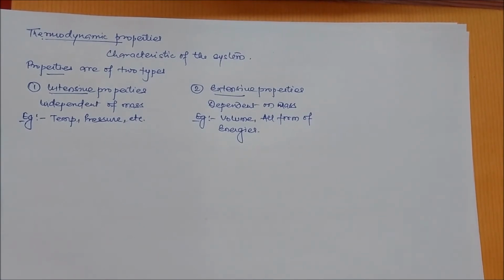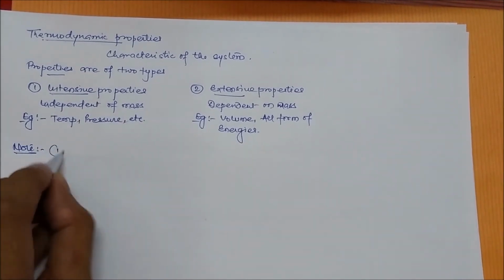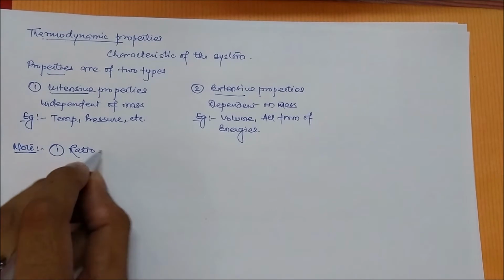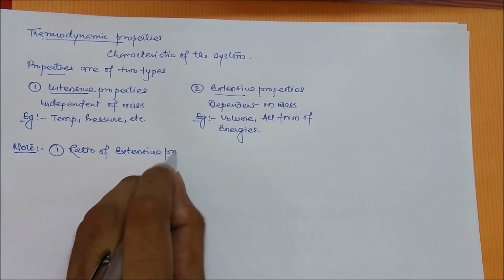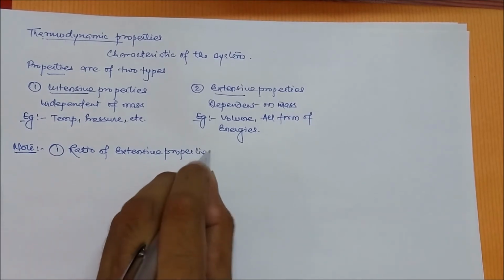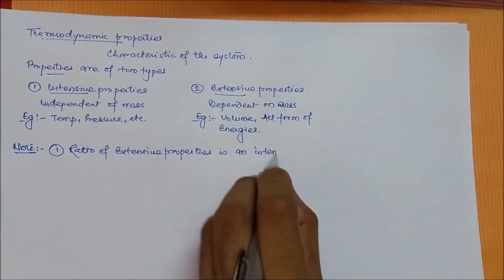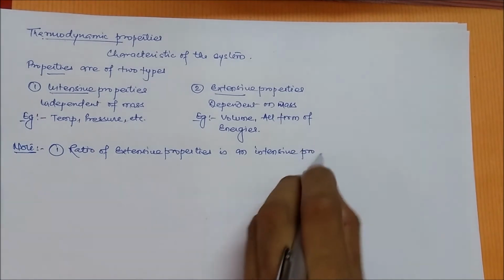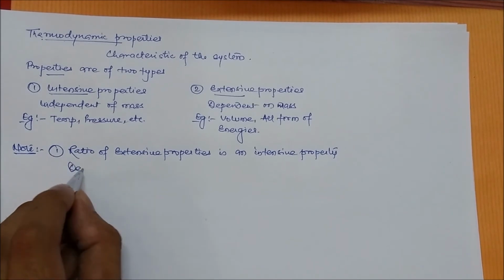Now there are some points which we have to remember when discussing intensive and extensive properties. Firstly, the ratio of extensive properties is an intensive property, for example, density.